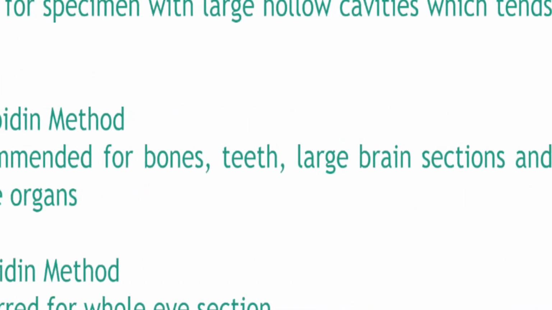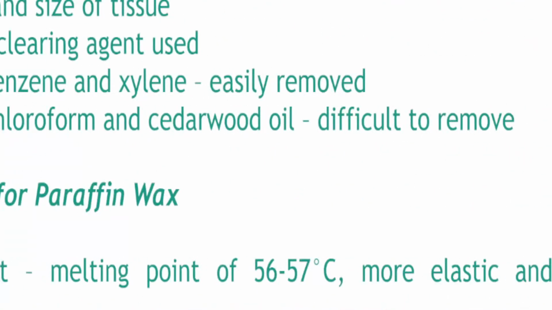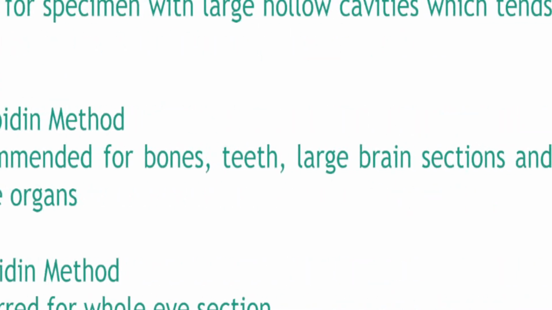Next one, we can also use celloidine. Okay, celloidine impregnation is different, in that it can be suitable for tissue sections that have larger hollows. Yung mas malalaki yung butas. Okay? Like what, sir?